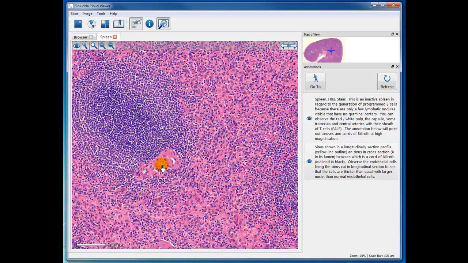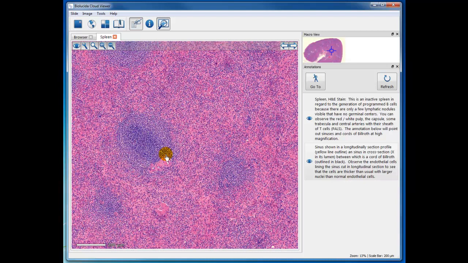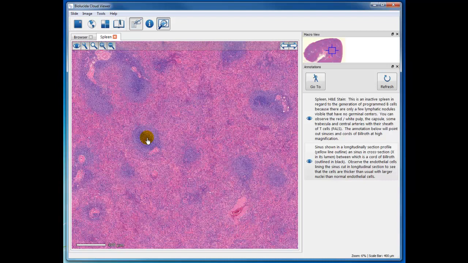Here is a central artery, and this is a primary nodule that is projecting off to the side of the central artery, but it has no germinal center. But this is where most of your B lymphocytes would reside. And if this were active, you would have a much larger nodule, and you would have a light center, a germinal center.